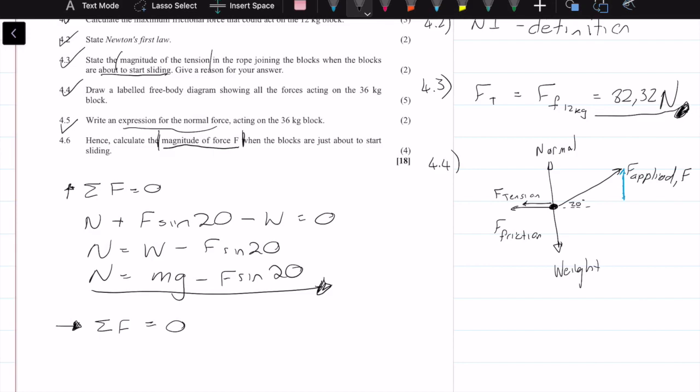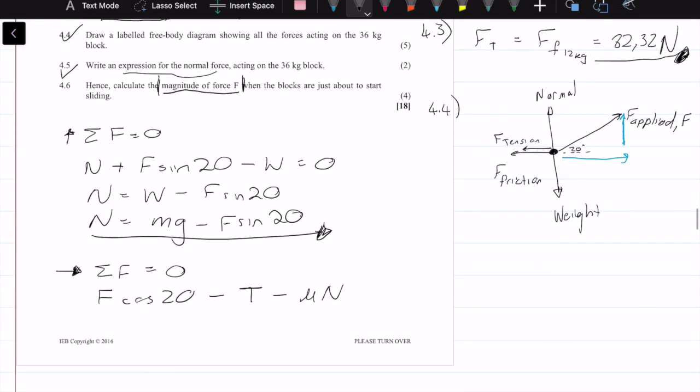Now we have F, and this time we're looking at this component here: F cos 20, minus the forces acting to the left, which are tension, minus force friction. Force friction is mu times the normal force, and this is equal to 0.